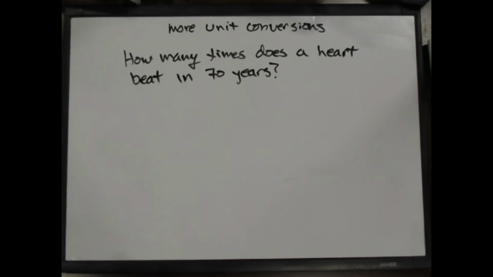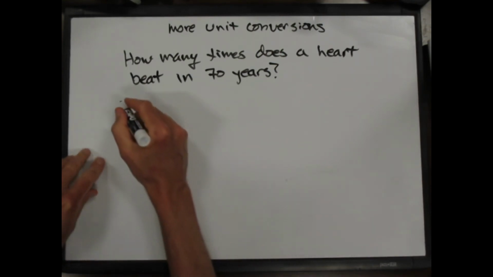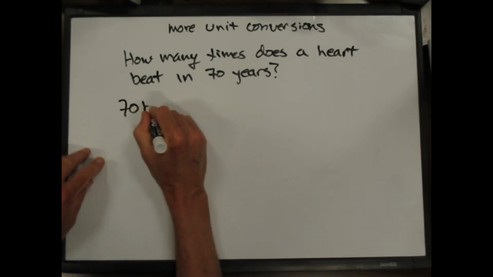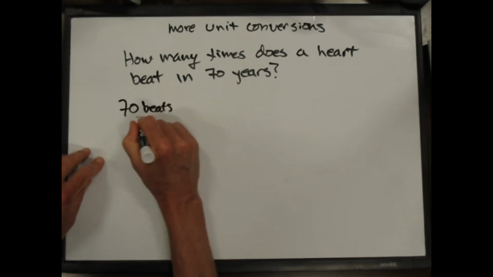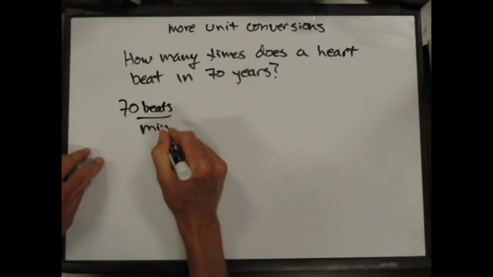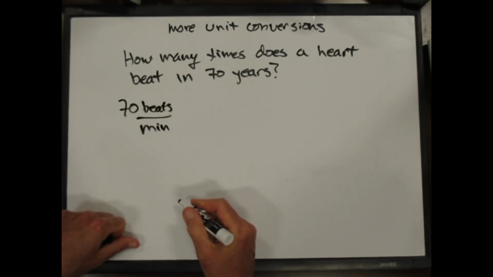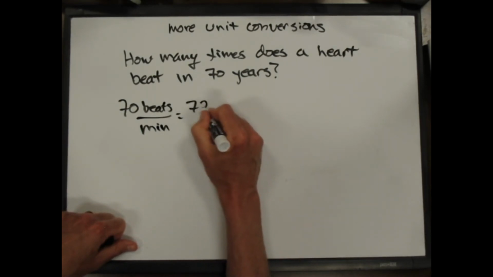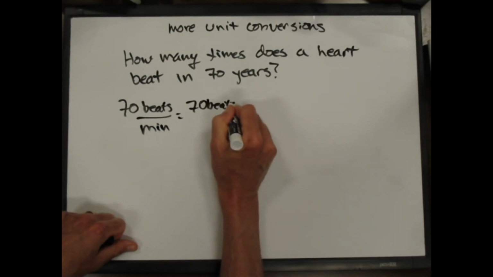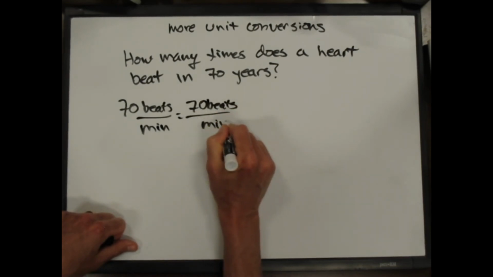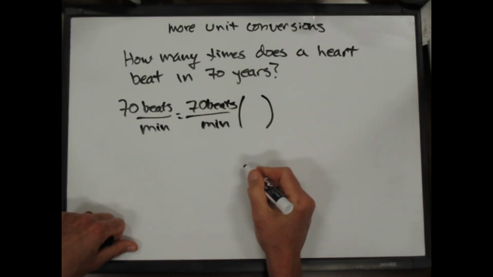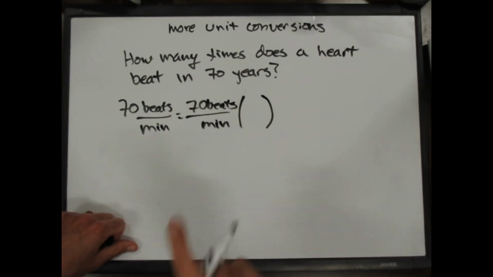We'll just talk about averages. What we usually know is the rate of a heartbeat is about 70 beats per minute. So I can just say 70 beats per minute, and now I want to multiply this by things that'll convert it into 70 years.